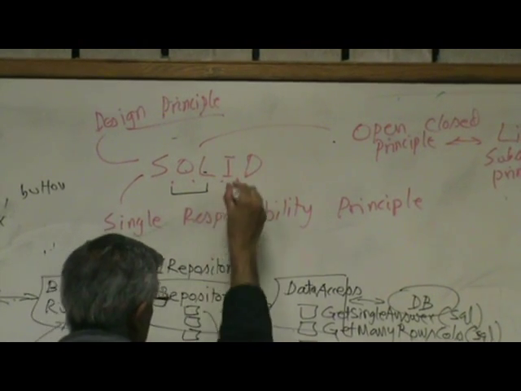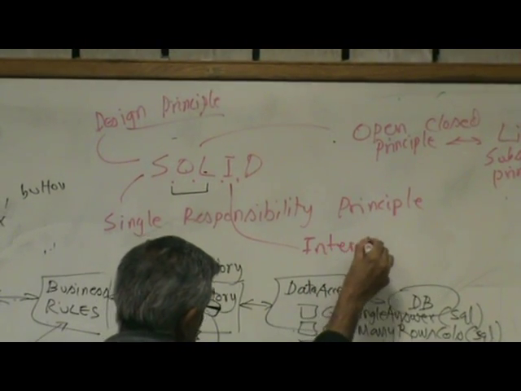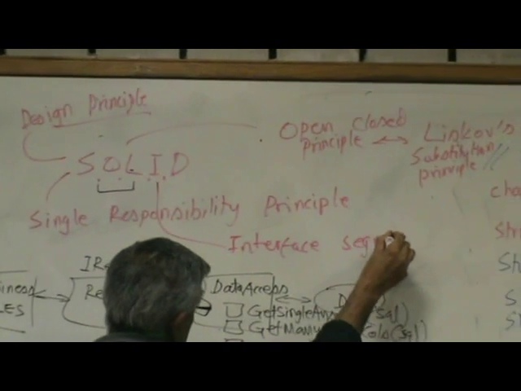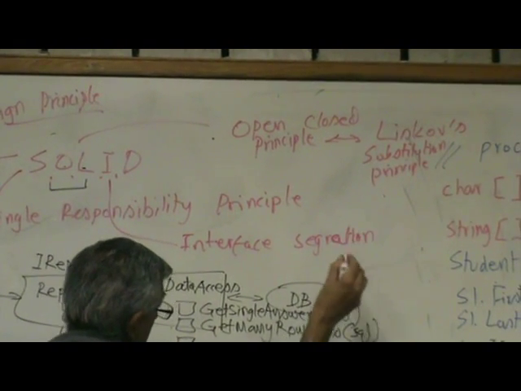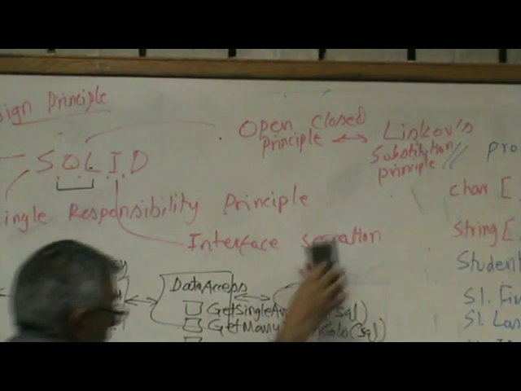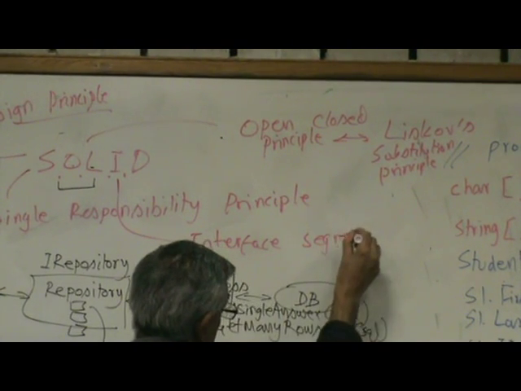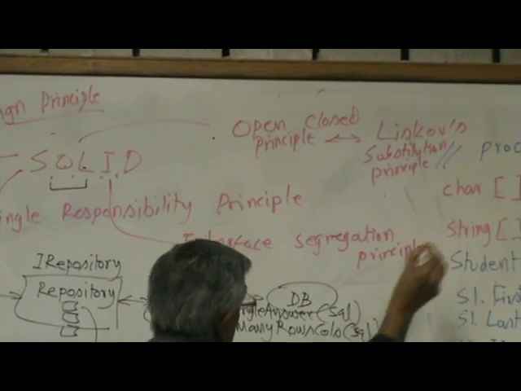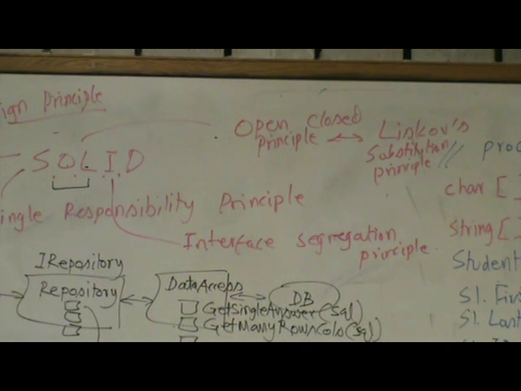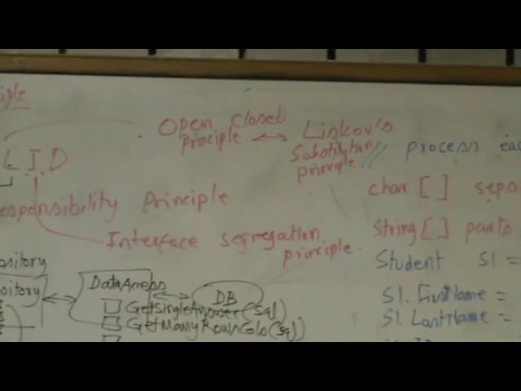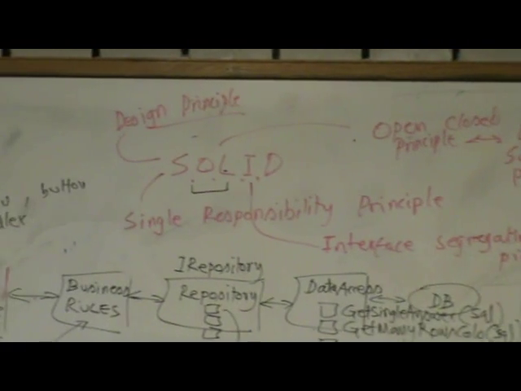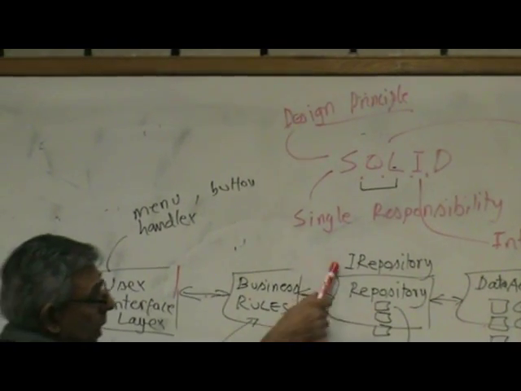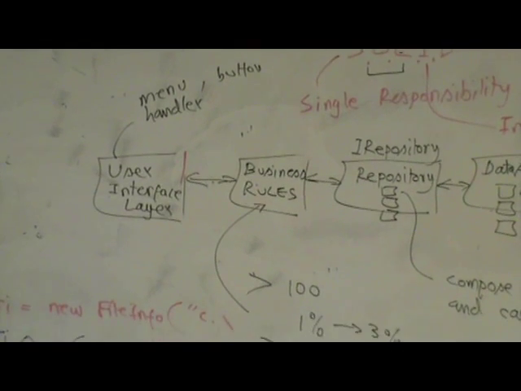I is the interface segregation principle. What that means is, again, just like we were talking about, in the beginning you may only have 3-4 methods in the repository, but over a period of time as it starts to grow, we don't put, for example, more than 10 methods in an interface.